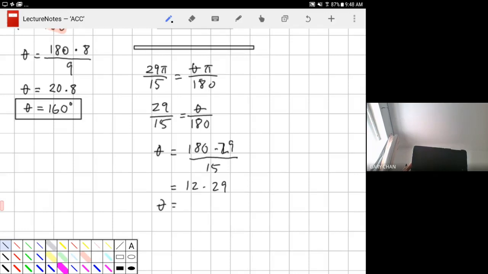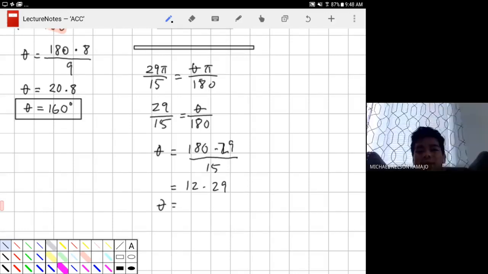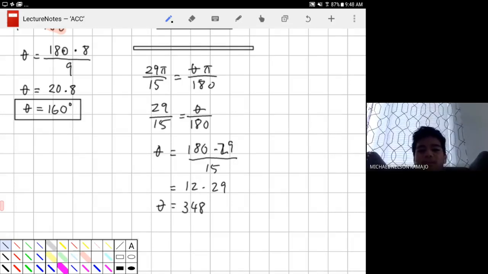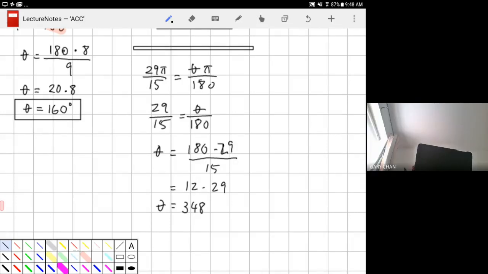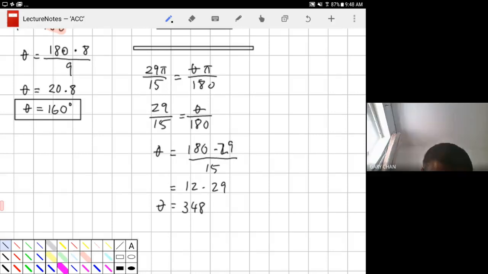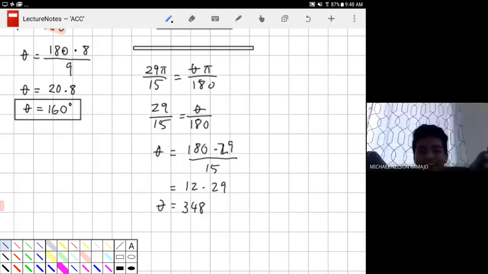That would be 348, because 12 times 30 is 360. Nice. So theta is 348 degrees. Michael, you have very good mental math there. Thank you, I just trained myself.